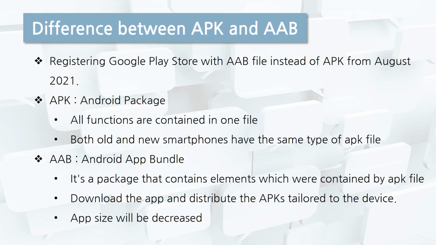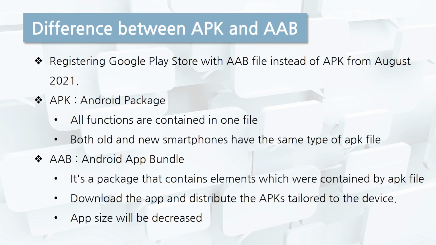So now we're going to check the difference between the APK and AAB file. From August 2021, the Google Play Store asks you to submit the application as an AAB file.